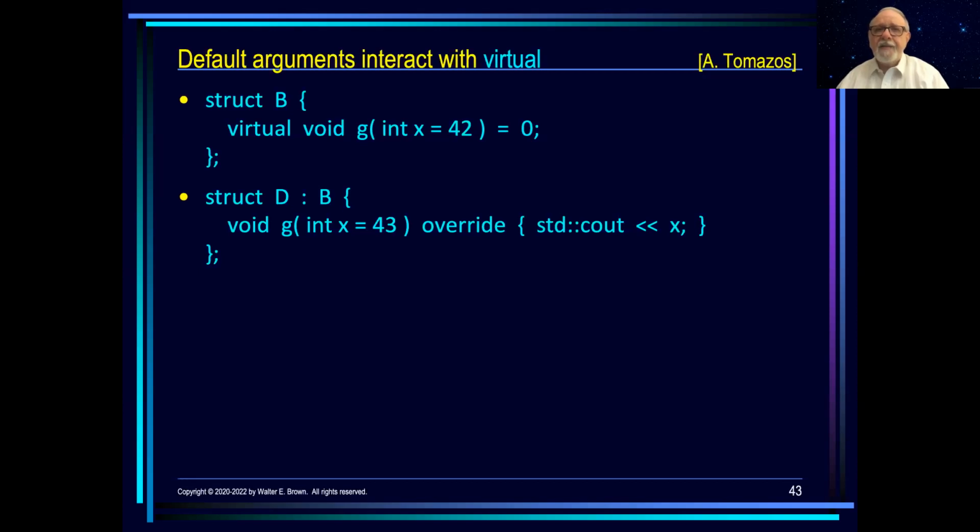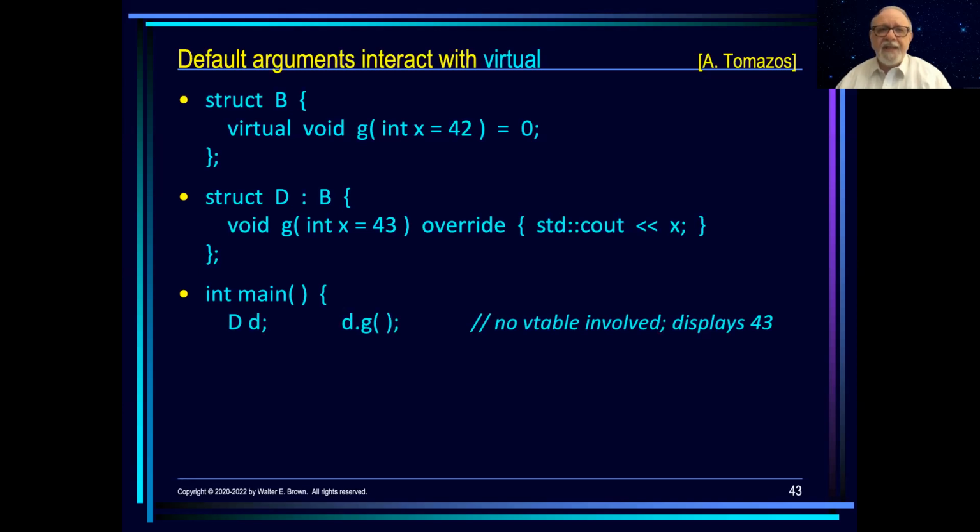So what happens when we call G? Let's have a variable little d of type big D. We'll call d.g. This is not a virtual call. There's no dynamic dispatch. We don't involve the V table. We call the G defined in the derived class. It has a default of 43.